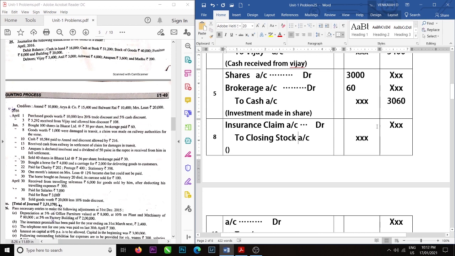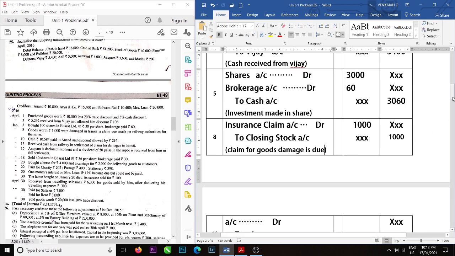Amount is 1,000. Goods damaged, claim due.